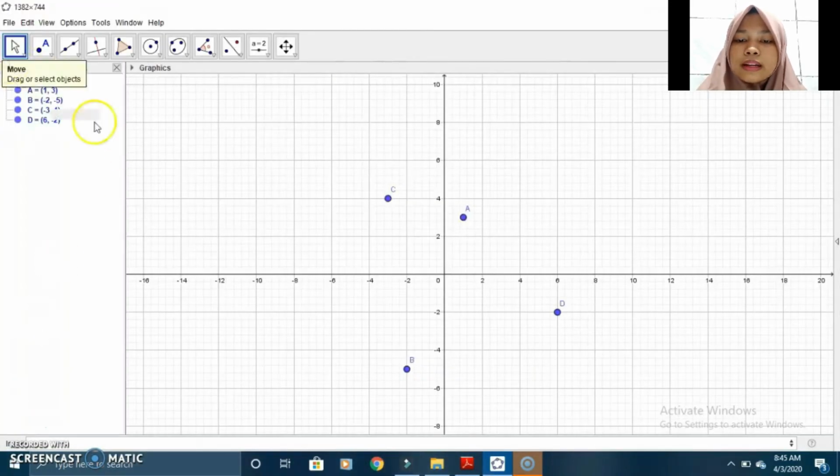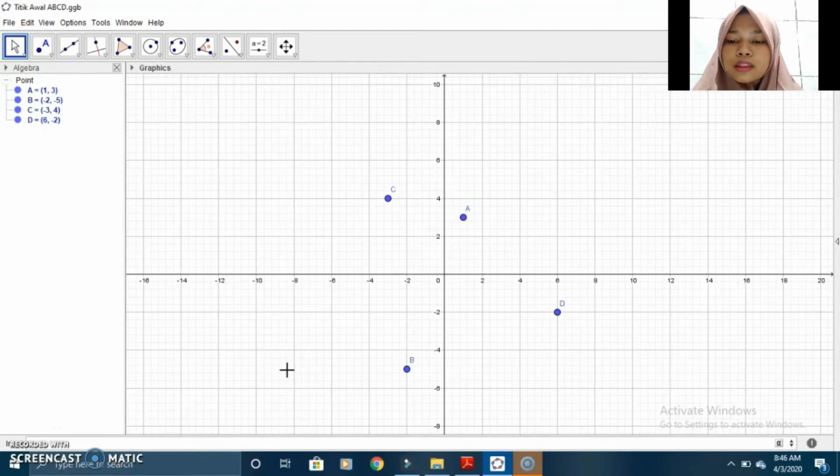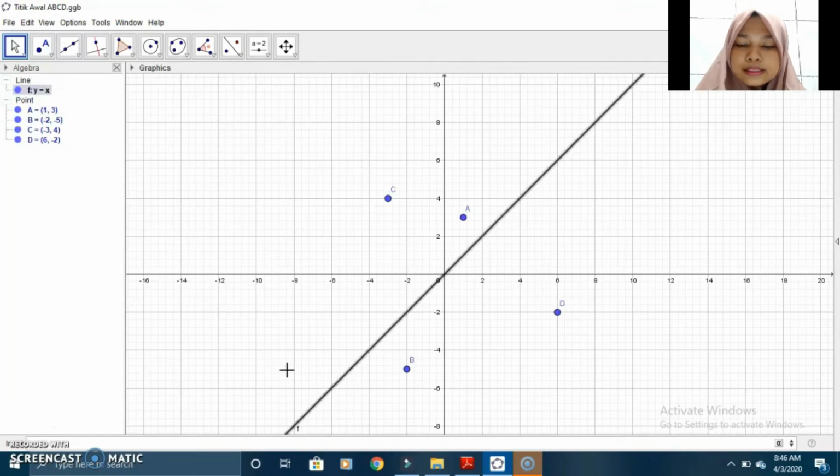I already plotted each point in GeoGebra. Now, we will find the reflection of each point. But first, we have to graph the function y equals x, and we have this line. This line is y equals x.